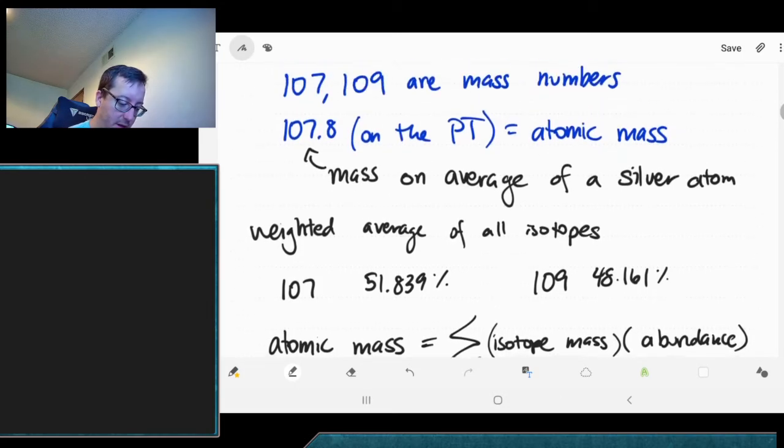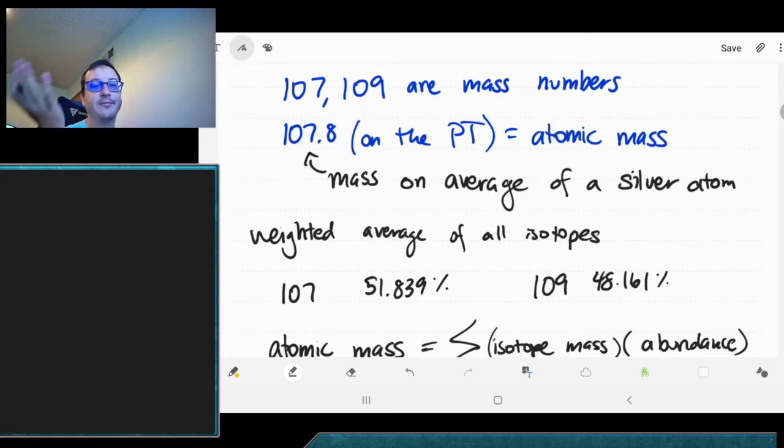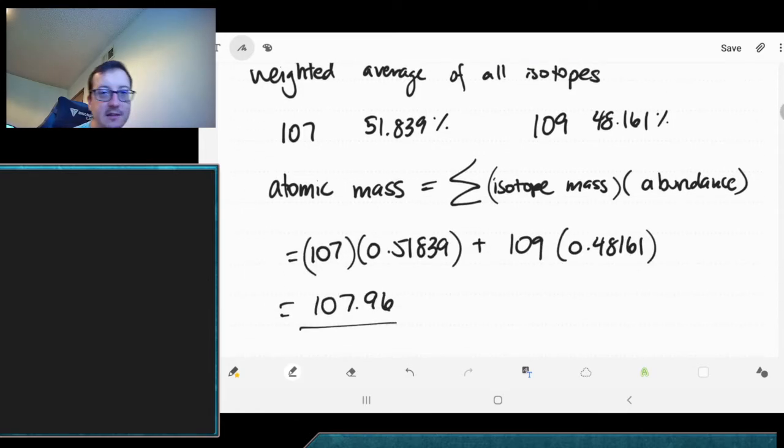If we look at our atomic mass, it's 107.8, close enough. The difference is there because the isotopes don't actually weigh 107 and 109. They actually weigh slightly different numbers, but we're estimating, and that's why we end up getting this number that's somewhat close to our atomic mass. So that's where that number comes from.